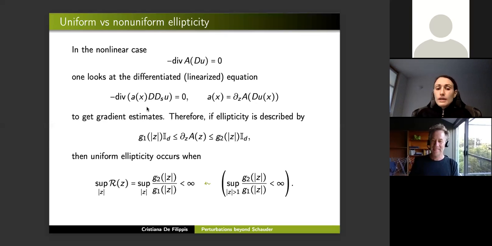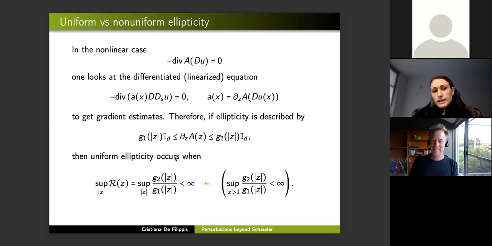Therefore, I can try to measure its ellipticity by considering the lowest eigenvalue of D_z of A and the highest eigenvalue of the very same matrix, and then looking at their ratio.